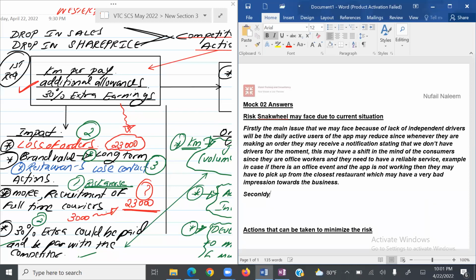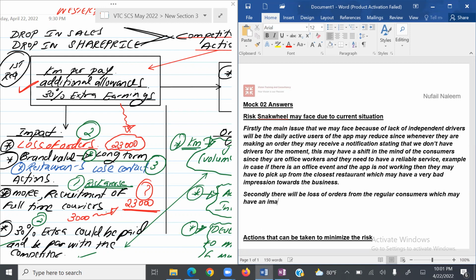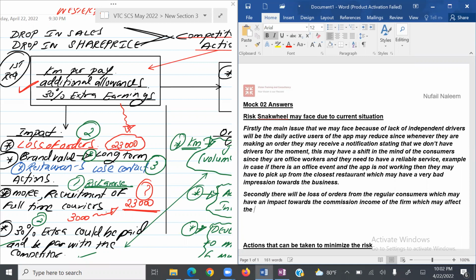Secondly, there will be loss of orders from the regular clients or from the regular consumers, which may have an impact towards the commission income of the firm, which may affect the sales and the profit margins.